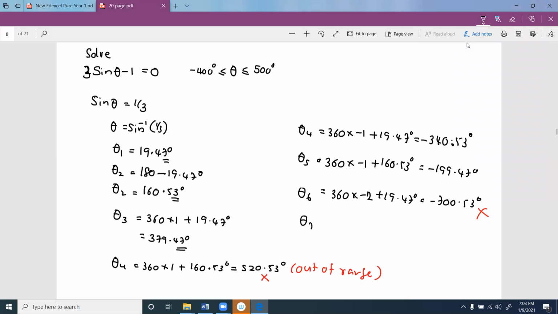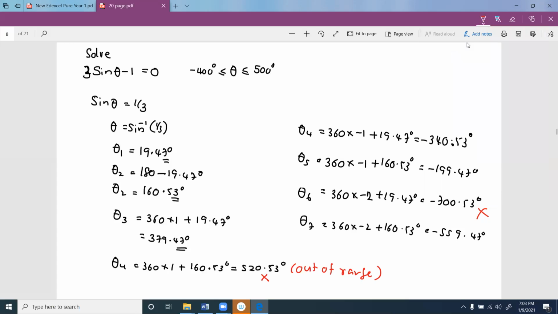Theta 7 is 360 into minus 2 plus the next angle 160.53, so minus 720 plus 160.53, which is minus 559.47. This one is also out of range.